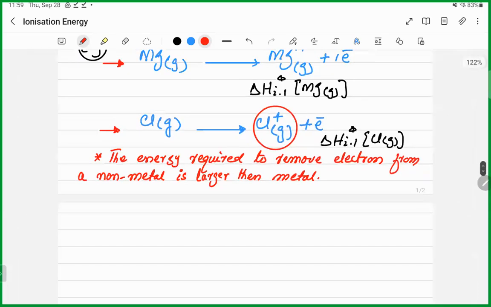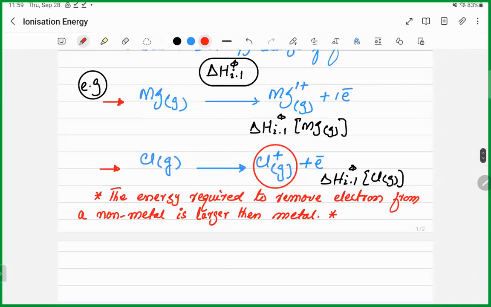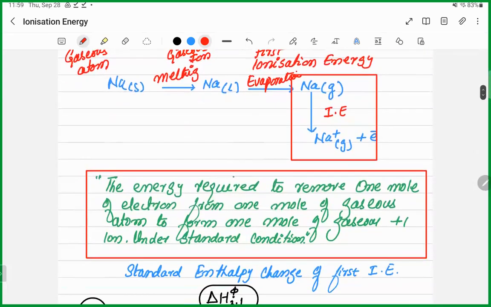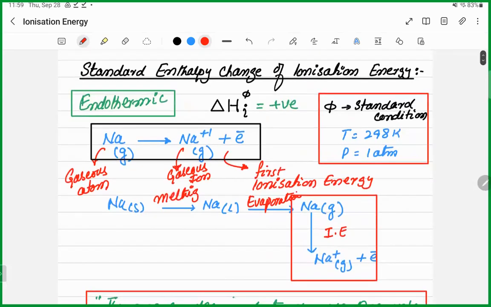That's why normally non-metals form a negative ion and do not release electrons. So this is basically the concept of ionization, and basically the first ionization. Key point क्या है कि gaseous atom होना चाहिए, 1 mole होना चाहिए, 1 electron remove होगा.